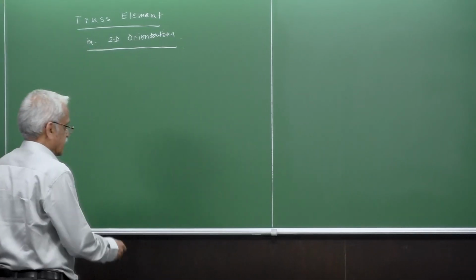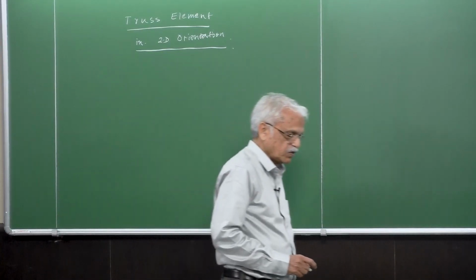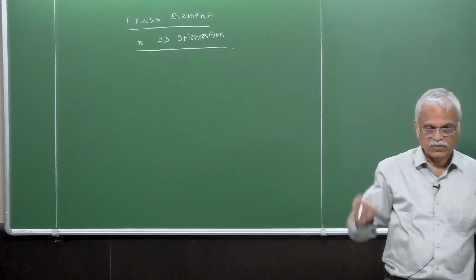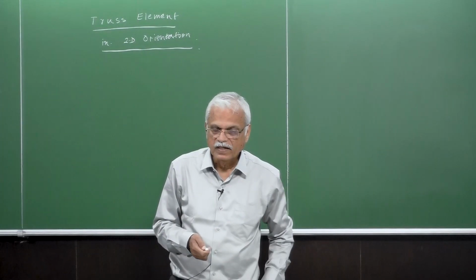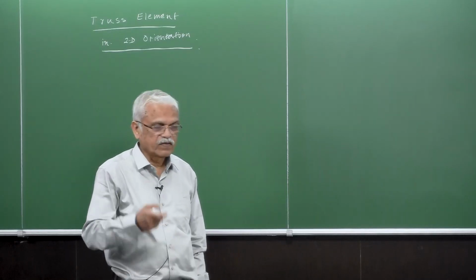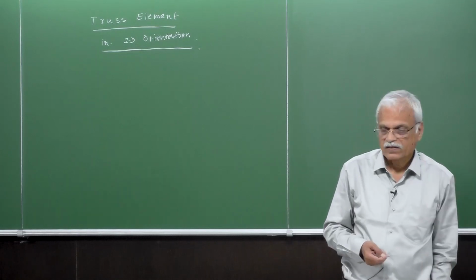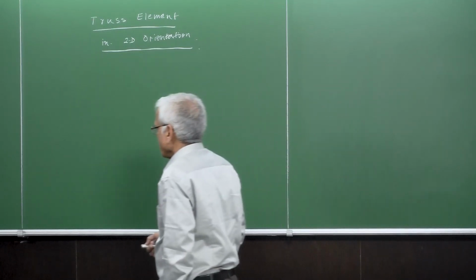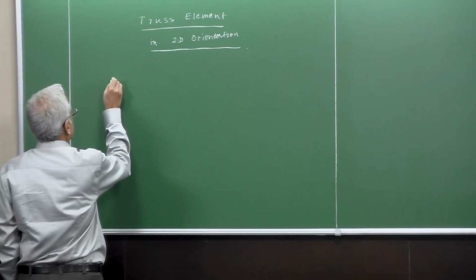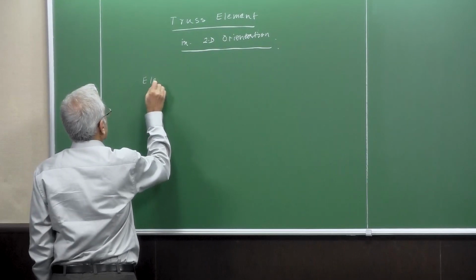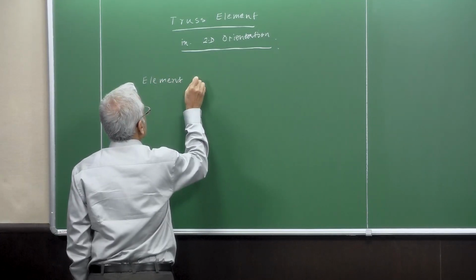So in the sense that we have, again, we know that we have a structure here, and we limit ourselves for the moment to 2D, where there are a lot of elements at different orientations, as we have seen in the last lecture. So what we are trying to do now is derive the element equation.